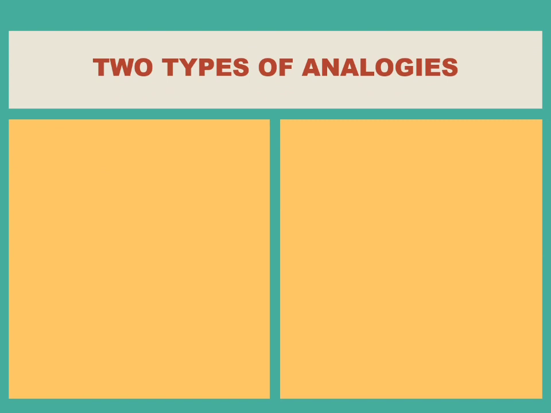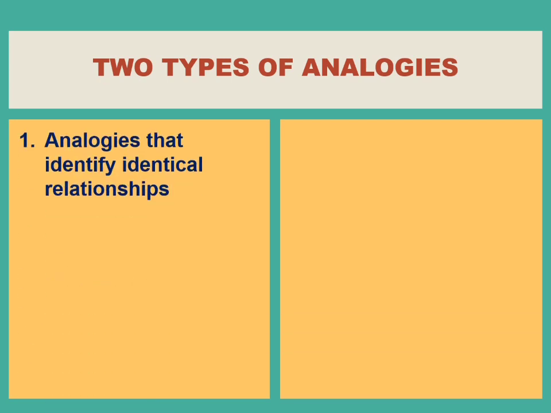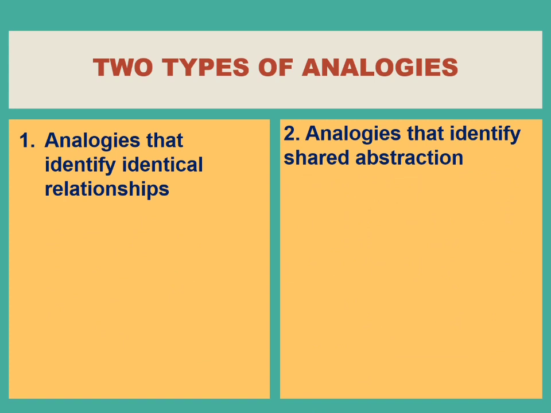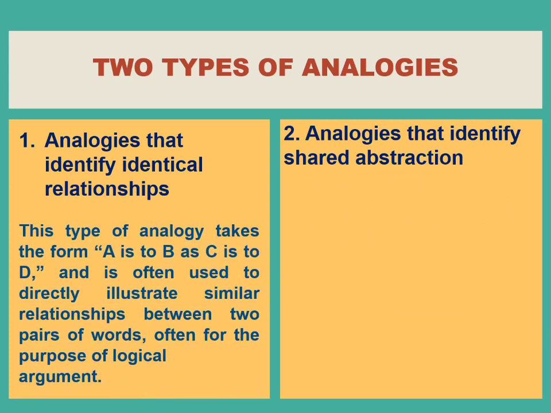Generally, there are 2 types of analogies commonly employed in writing. The first is analogies that identify identical relationships, and the second is analogies that identify shared abstraction. The first type of analogy takes the form A is to B as C is to D, and is often used to directly illustrate similar relationships between 2 pairs of words, often for the purpose of logical argument.